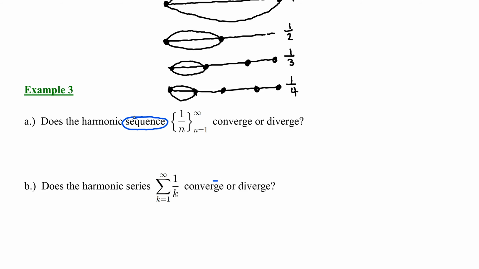How do I determine if a sequence converges or diverges? Very simply, I find the limit. The limit as n approaches infinity of 1 over n is equal to 0. We can say, therefore, because the limit is finite, the sequence converges.